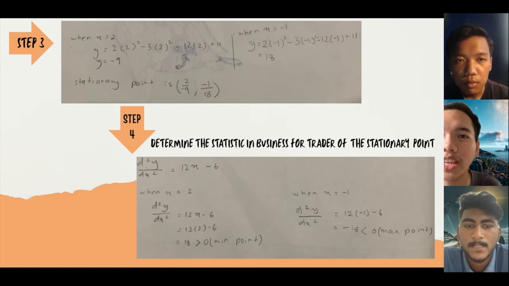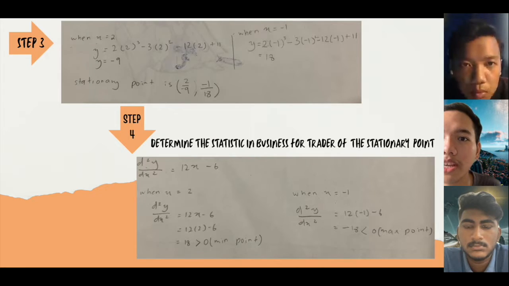So we substitute into the first equation from the question: y equal to 2 in bracket 2 power of 3 minus 3 in bracket 2 power of 2 minus 12 in bracket 2 plus 11. So the answer we get is negative 9.